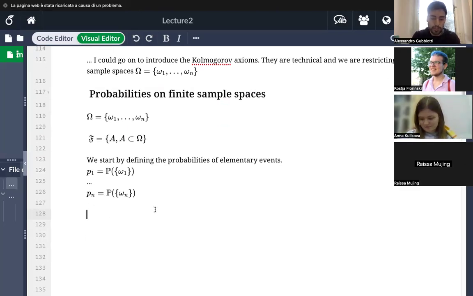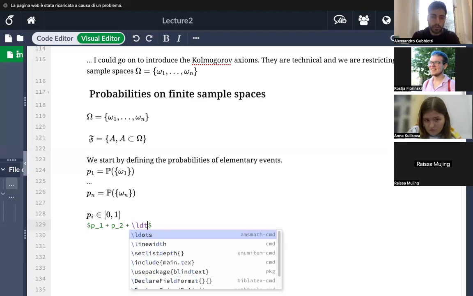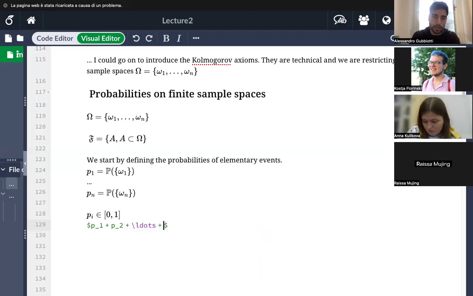We have only two conditions that we have to impose. Basically, Pi is in [0, 1], this is because they have to be probabilities, and the only other constraint is that the sum of these Pi has to be equal to 1. Why?